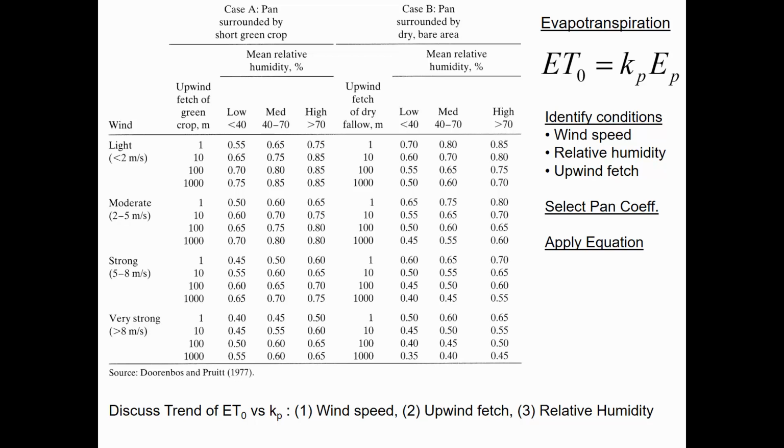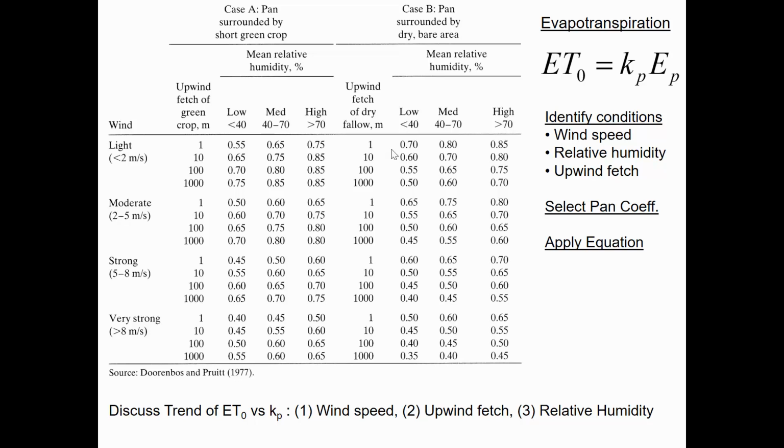Okay, so since it's case B, since it's bare fallow in the example, that means we're case B, surrounded by dry bare earth. And the wind speed of 2.7 means this moderate is where we're looking. And it's 100 meters of upwind fallow, so it's going to be this row. And then the humidity of 65% puts us in the medium range. And so that's the value, 0.60.